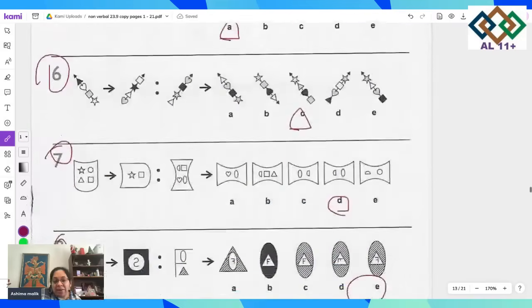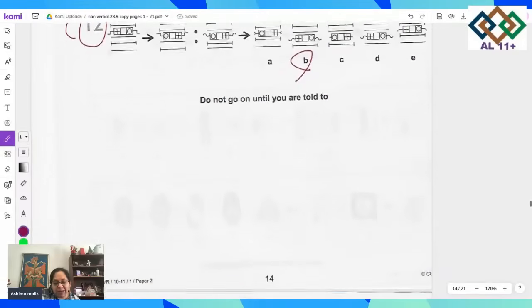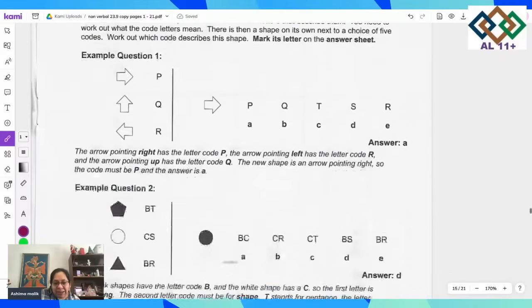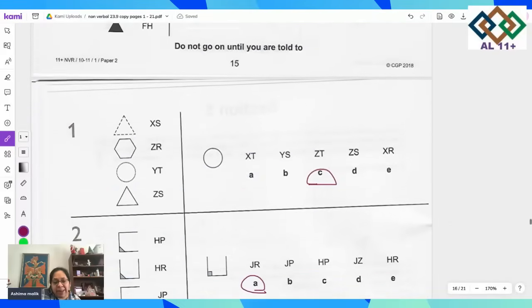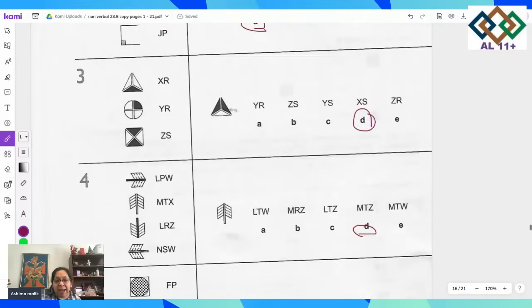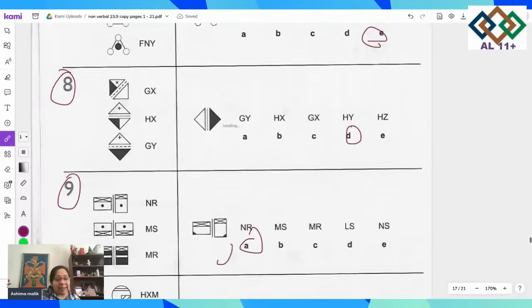Questions like this are very rare, they do come, but have a practice to go and see how it comes. And this one, codes, has never come yet, but still have a practice to see how you get them.